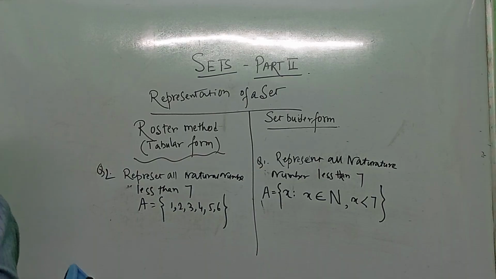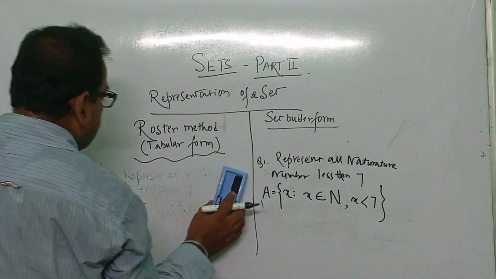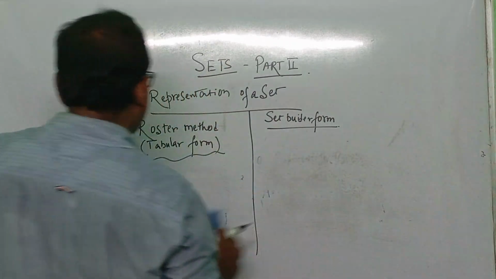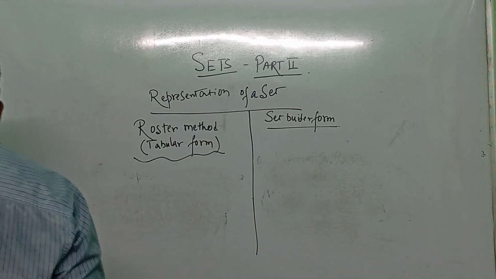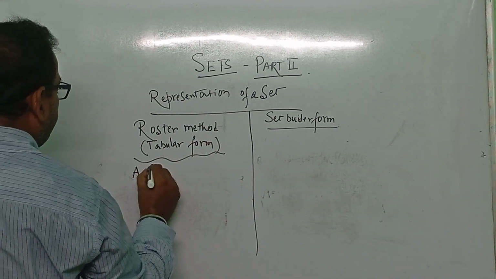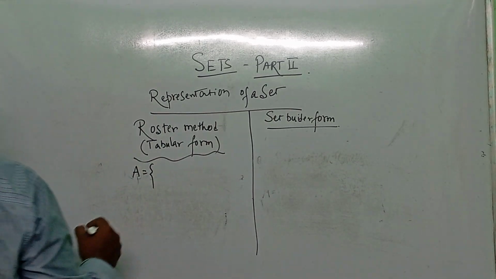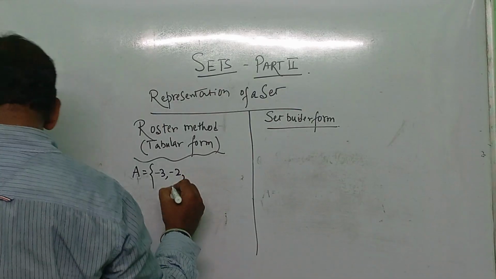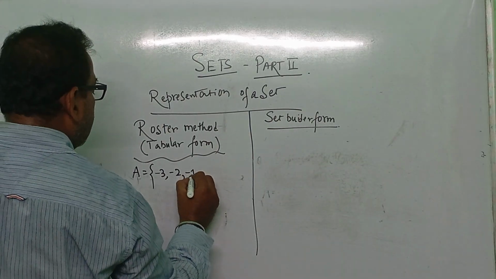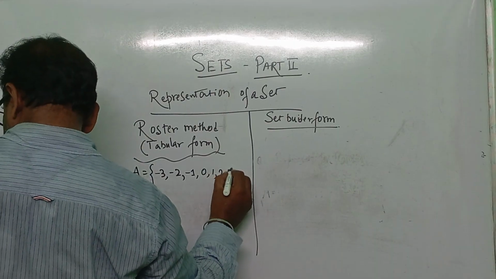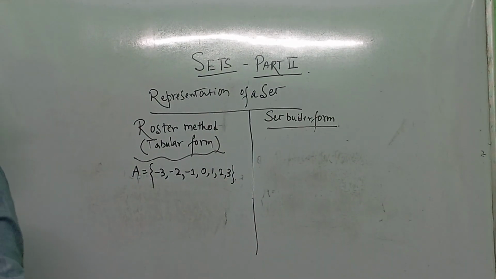Now they have given question number 3. Let's see. What have they given? Set A: -3, -2, -1, 0, 1, 2, 3.